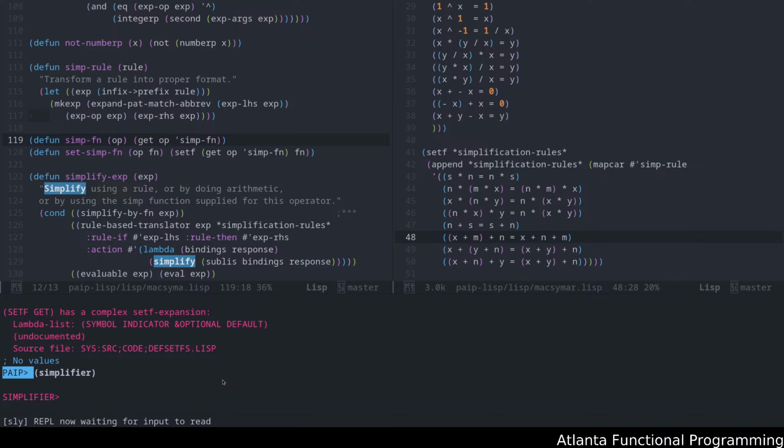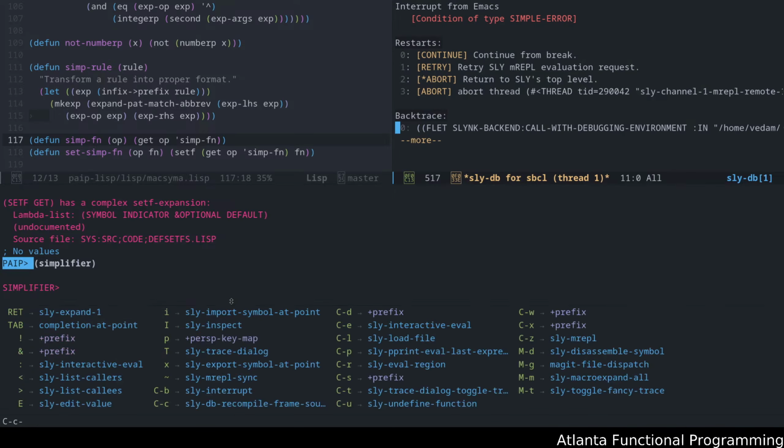Or let me actually go and check this. Maybe I did something. Roswell, local projects, PAIP, Lisp, git checkout, Macsyma.lisp. Okay, let's go ahead and do this.